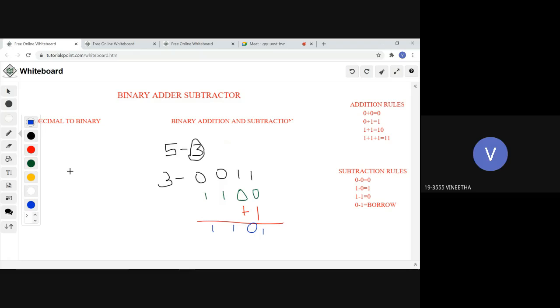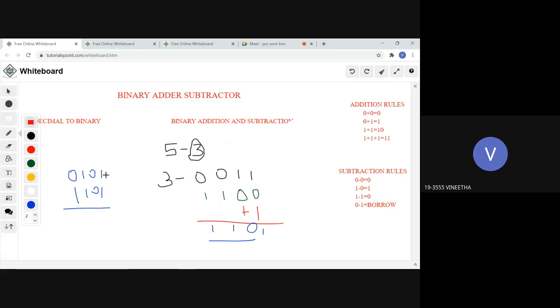5 in binary is 0, 1, 0, 1. And the number we've got over here is 1101. We have to get the result as 0, 0, 1, 0.